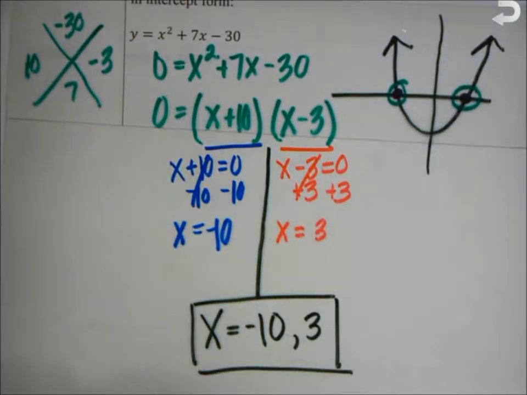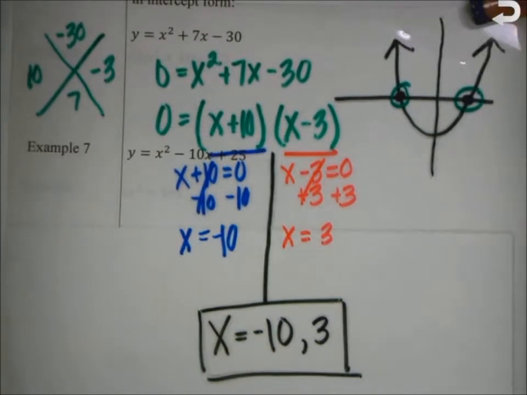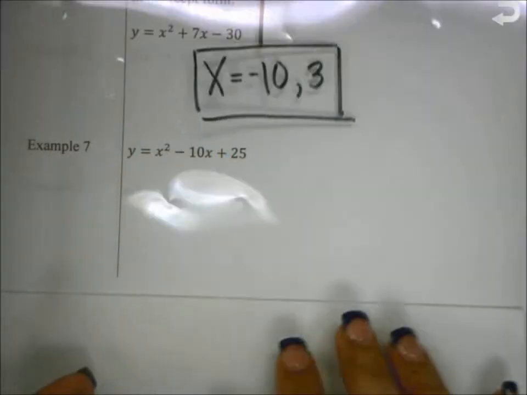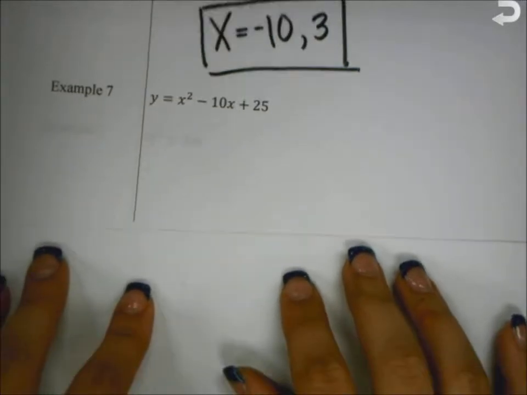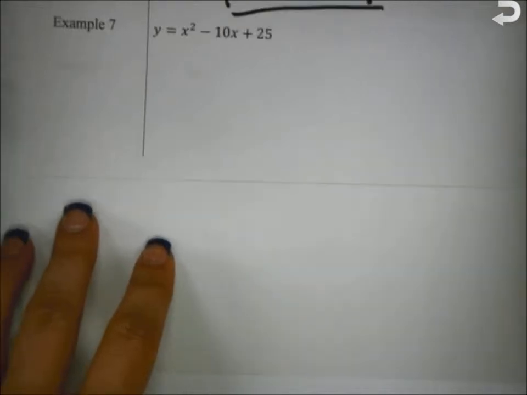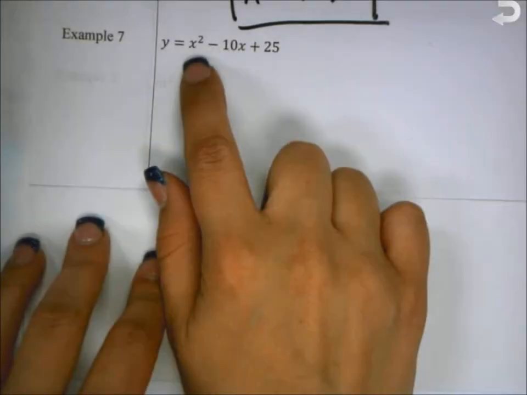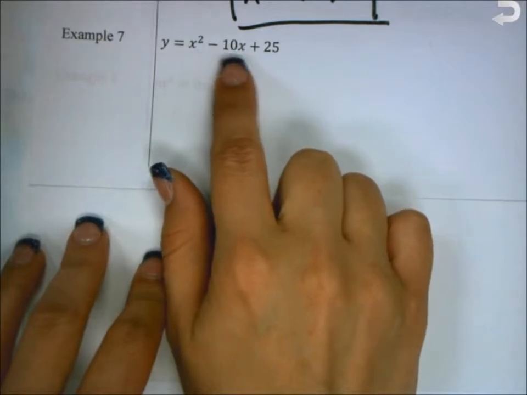Okay, so let's try example number 7. This is the last one. Okay, so example number 7, we have y equals x squared minus 10x plus 25. Alright, I am not equal to 0, so what do I have to do?